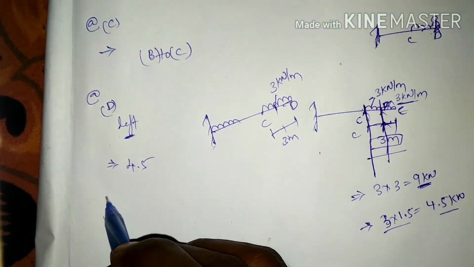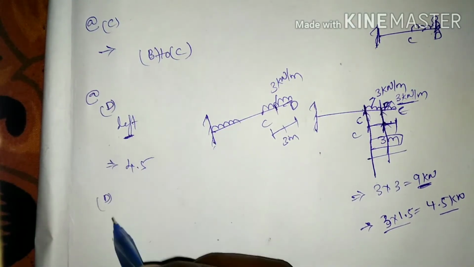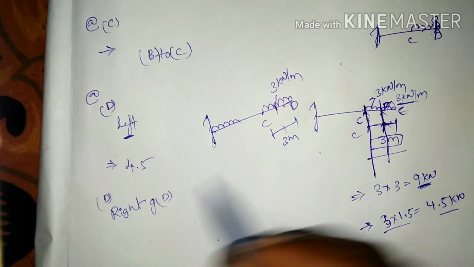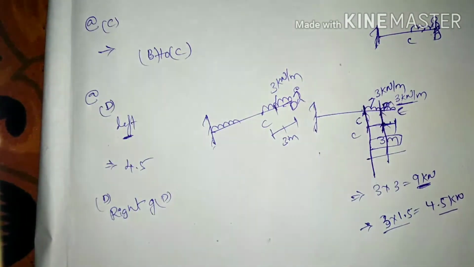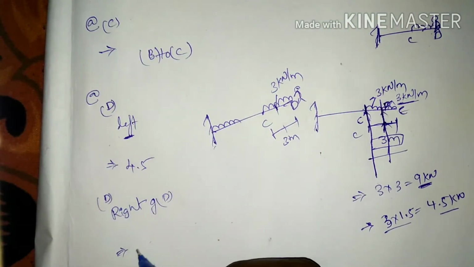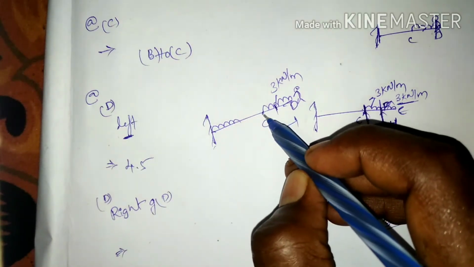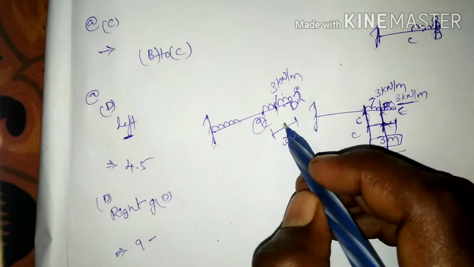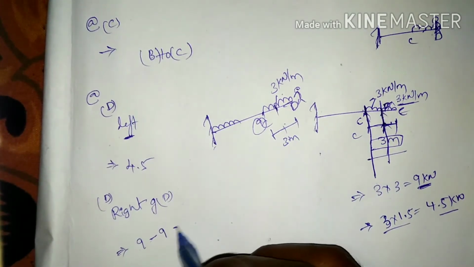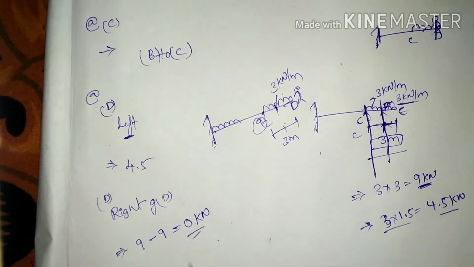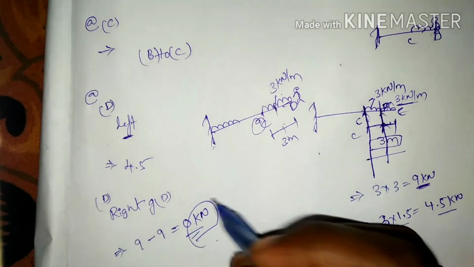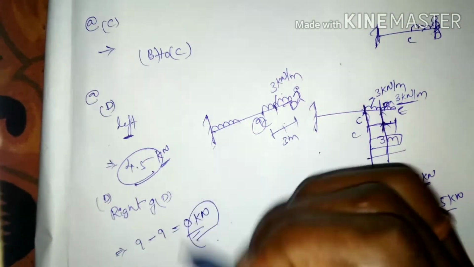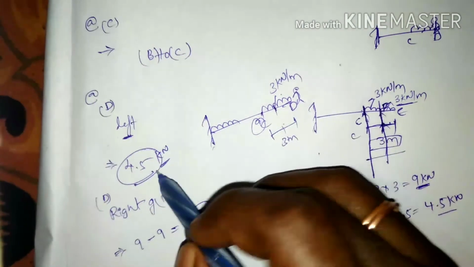Shear force at D to the right side of D: if I stand right side of the D and look left side, I am going to find the value. Here it is 9, up to here it is 9 minus the 3 into 3, that is going to be 0 kilonewtons. This is not a value, but for the convenience, for why it is going to be inclined, I am going to discuss it here.